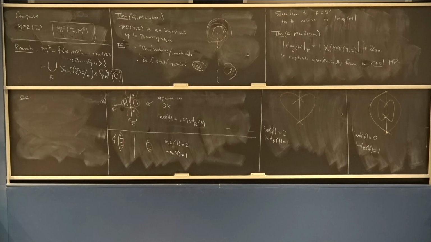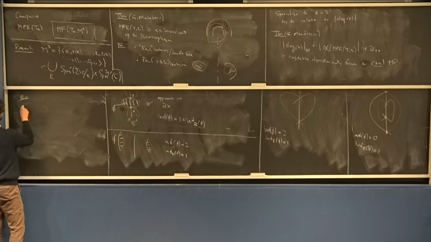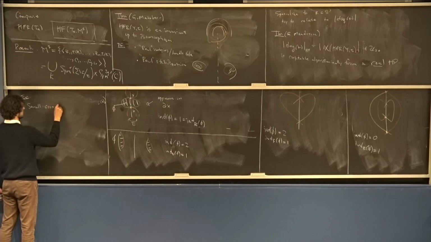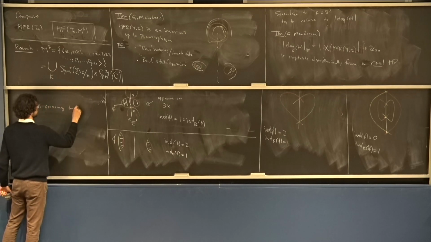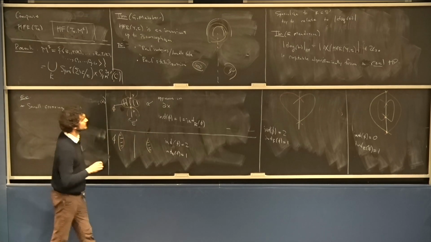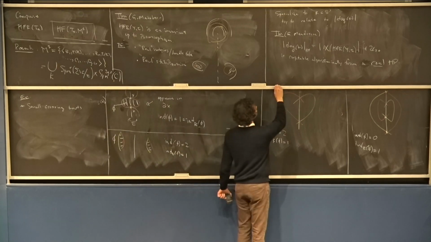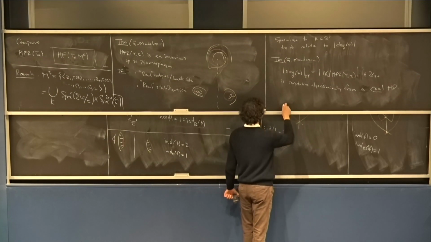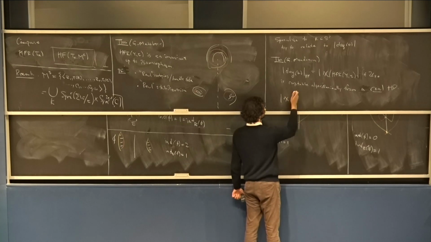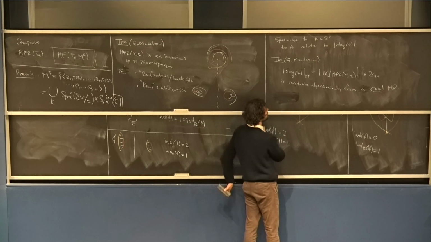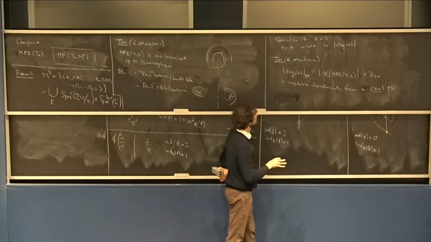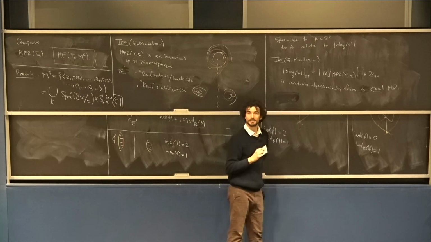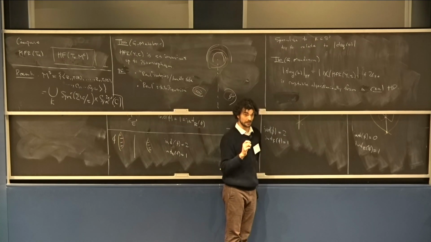So for small crossing knots, these real Heegaard Floer groups split over real spin^c structures.